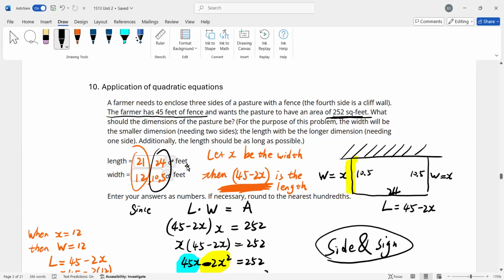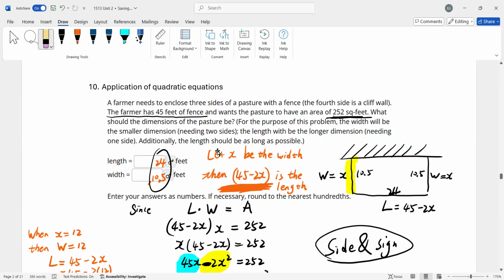Which set has the longer length? I'll wait for you to respond. The second solution. Yes, 24 is longer than 21, right? That's the reason we get rid of the first one and only take the second set of solutions, because of the last sentence in the problem.